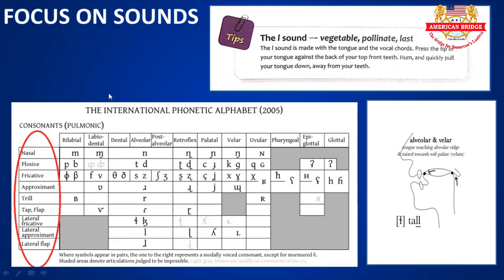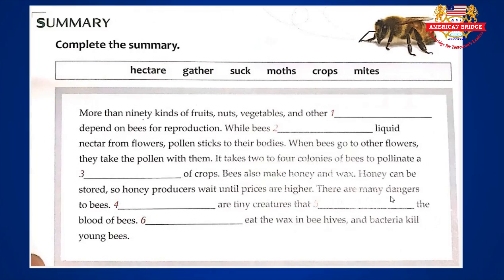so now it comes to the end of our section today, but after finishing this, we have another practice, everyone, around 1 minute more. Okay, so this is the summary, and complete the summary with the words hectare, gather, suck, mold, crops, and mites.